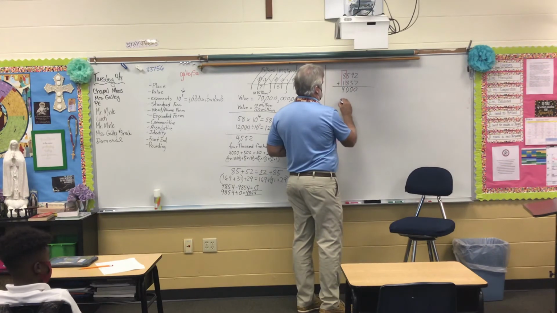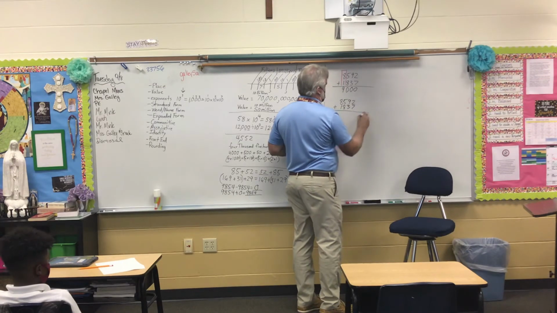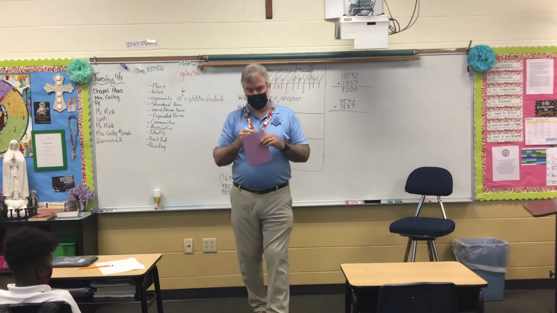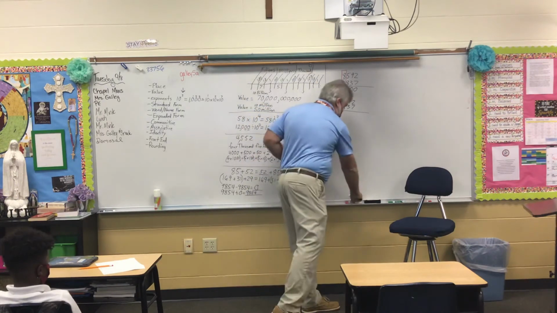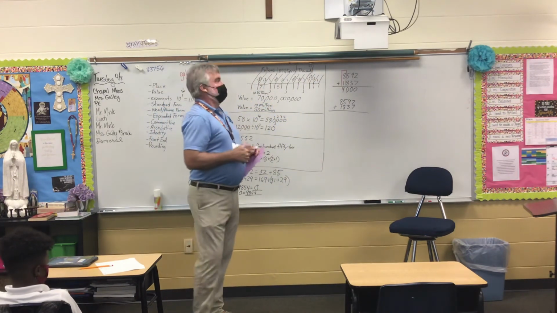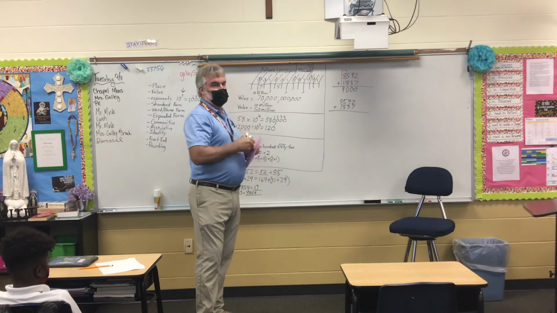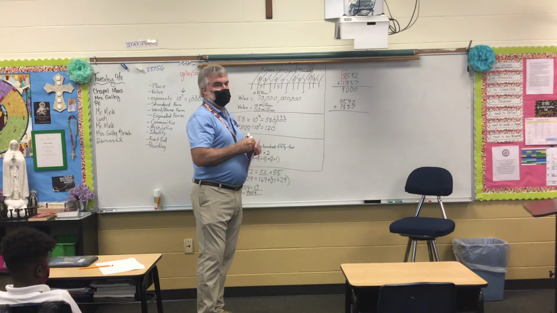Now, if I have 8,592 plus 1,837, and I'm doing rounding, what am I looking at? With 8,592, what would I do, George? 8 stays the same and 1 turns into 2. 8 stays the same?